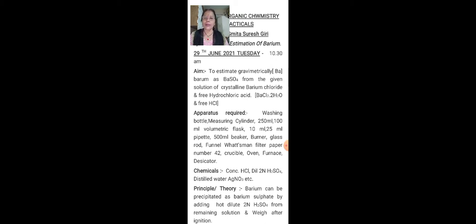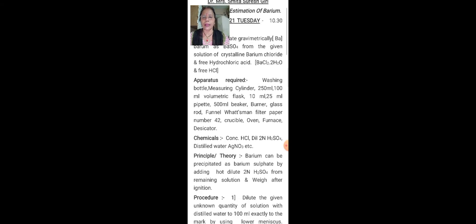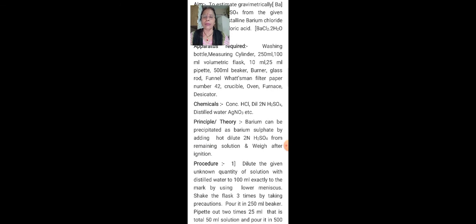Now this is about the chemicals and apparatus. Now what is the principle exactly for this practical? Remember that barium can be precipitated as barium sulfate by adding hot dilute 2 normal H2SO4 to the solution, and weighed after ignition.